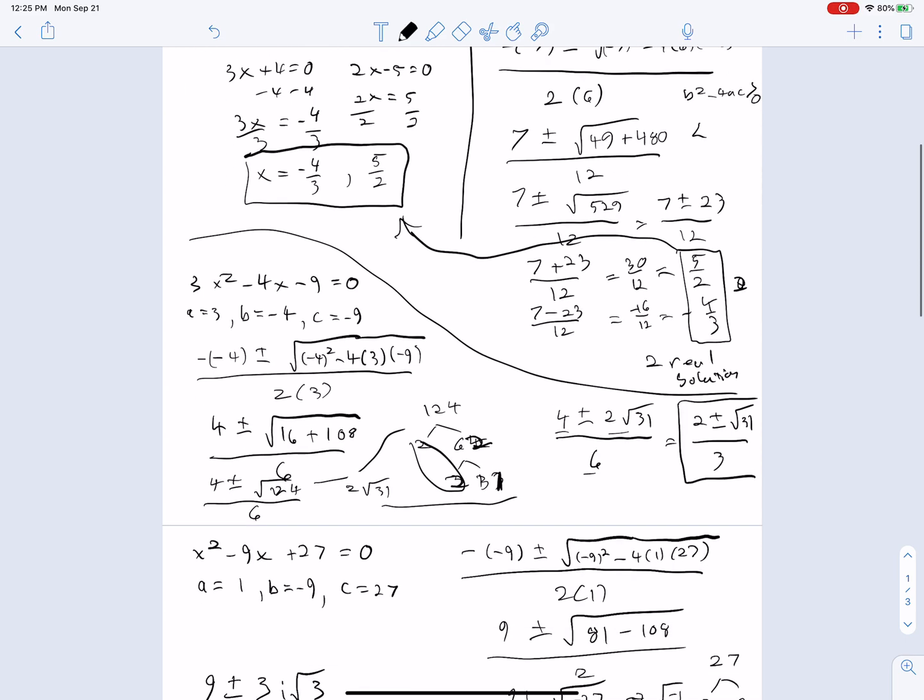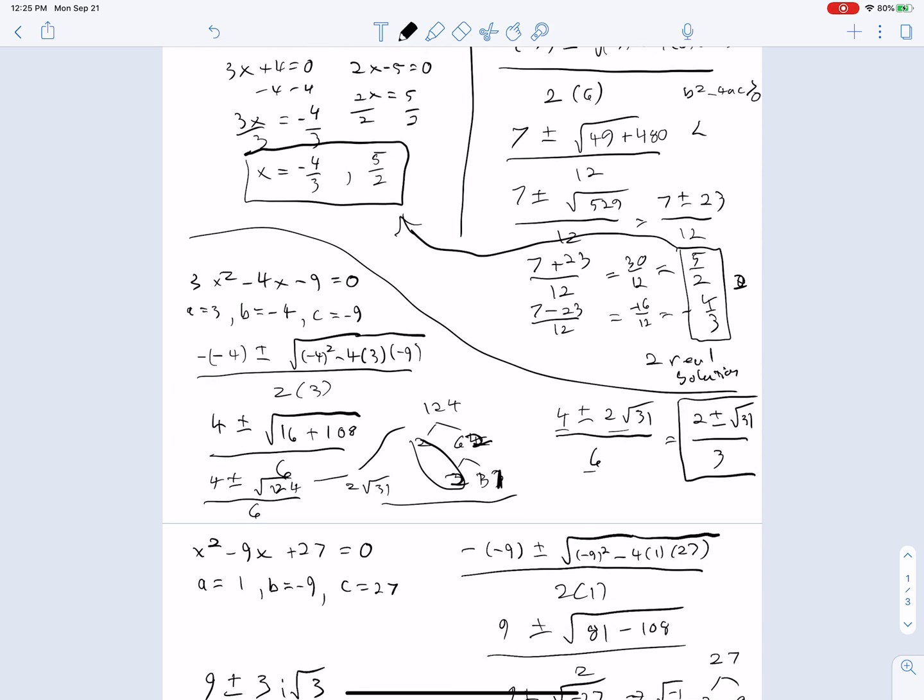The same thing here. In this case, b squared minus 4ac was positive, so as a result, we ended up with two real solutions. 2 plus the square root of 31 divided by 3, and 2 minus the square root of 31 divided by 3.